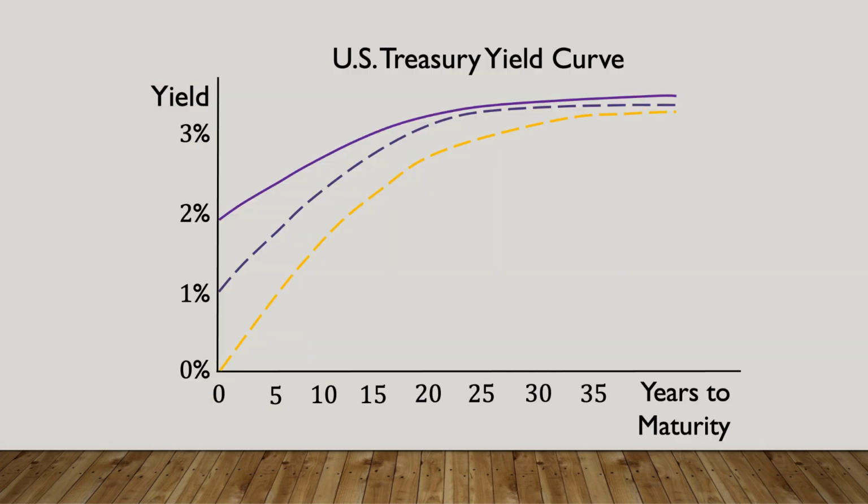The orange curve shows a hypothetical yield curve where the effective federal funds rate is already at 0%. The green curve shows a hypothetical yield curve where interest rates on longer-term U.S. Treasury securities are lowered as a result of quantitative easing. The Fed is not trying to lower the Fed funds rate since it's already at 0%. Instead, the Fed is trying to alter the right side of the yield curve.